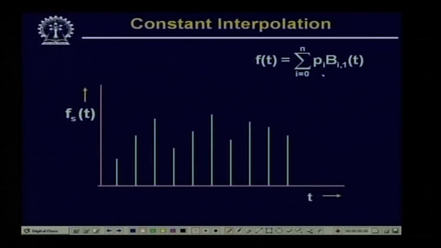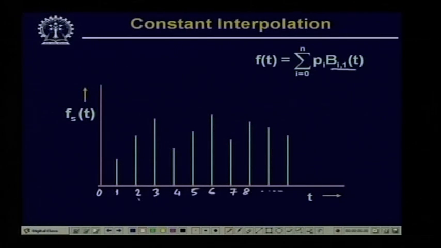Let us take the value of k equal to 1, that means a B-spline of order 1, which is constant between i and i+1 and equal to 1. Let us interpolate this function, as shown in this diagram, from some sample values: t equal to 0 here, 1 here, 2, 3, 4, 5, 6, 7, 8 and so on.